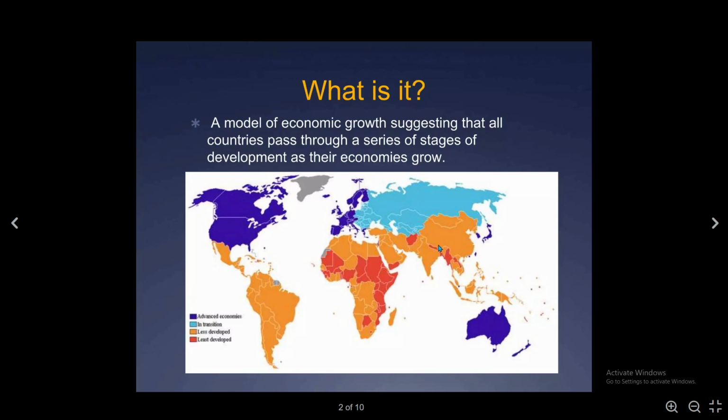It means that they have economic hubs with dense cities with skyscrapers, factories, and manufacturing, but they still also have lots of rural areas that are more poor and traditional. Then we have our less developed countries in the orange, and then our least developed in the red.